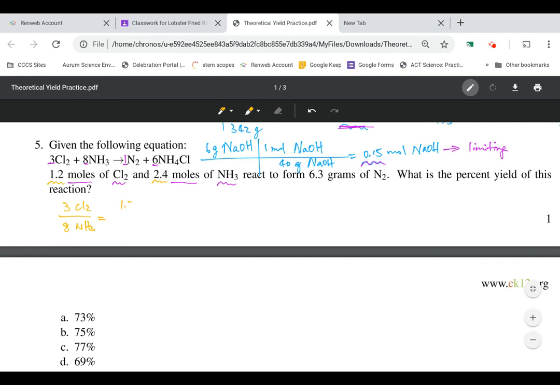If we assume the first mole is limiting, over x, you cross multiply, 3x equals 9.6 and x equals 3.2 mole of NH3. So if you used up 1.2 of chlorine, you need 3.2 mole of ammonia, yet we have 2.4 mole of ammonia. So what we have is less than what we need. So NH3 is limiting.